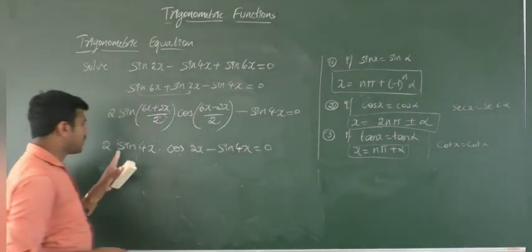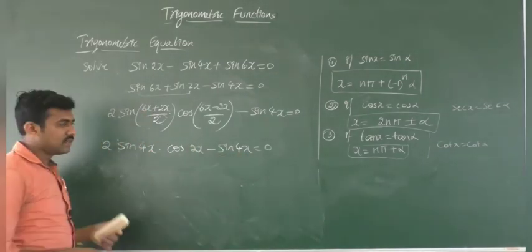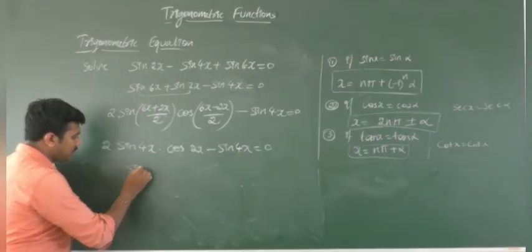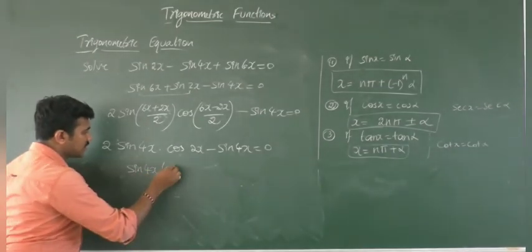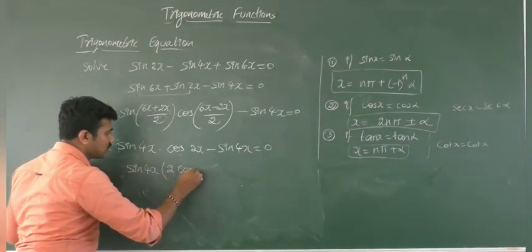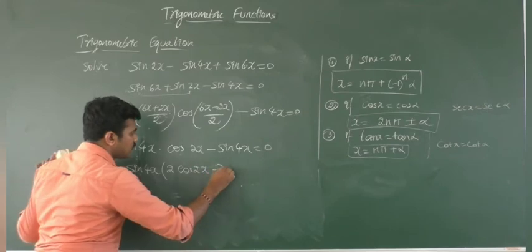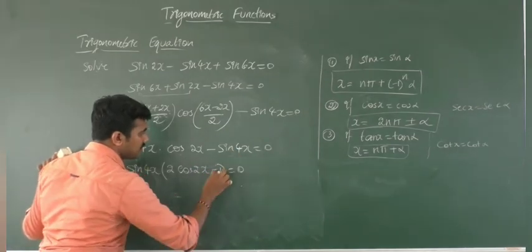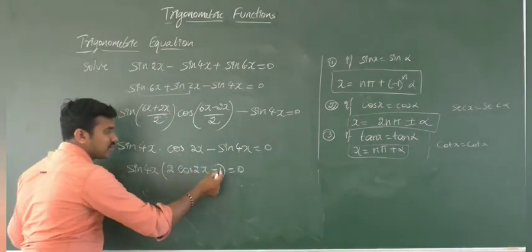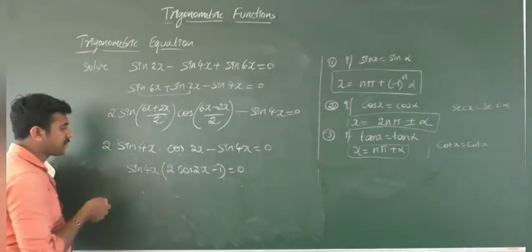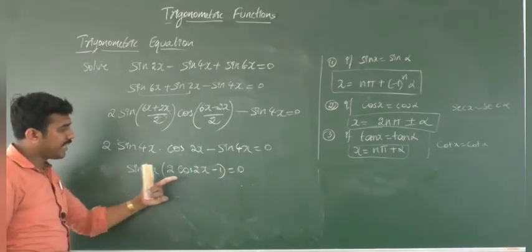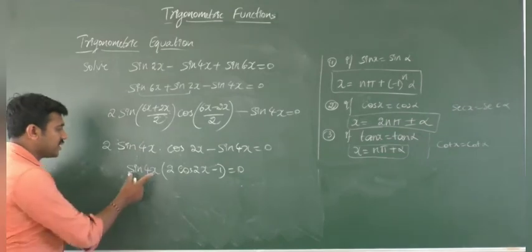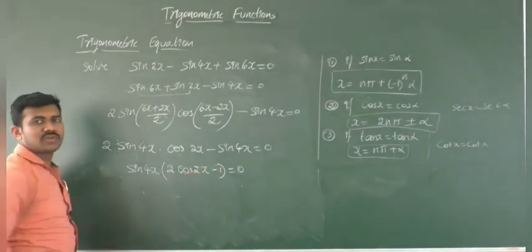You can observe here sin 4x we have in two terms, so take sin 4x common. What remains here? 2 cos 2x minus 1 is equal to 0. The term written outside has coefficient 1. So it is in the form a into b is equal to 0. So either a is equal to 0 or b is equal to 0.